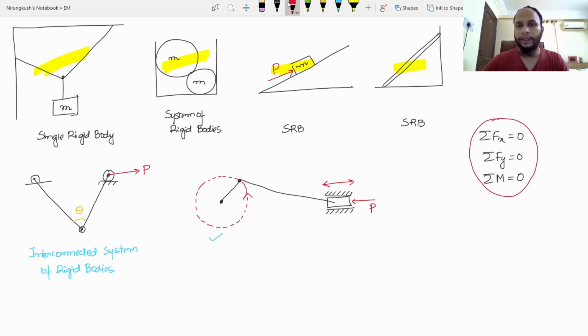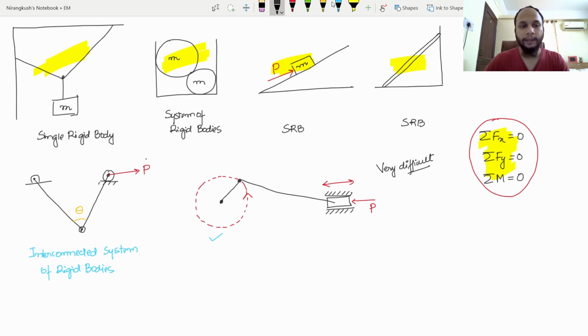And these equations work perfectly for systems like this. But can we use these equilibrium equations for systems like this or like this? The answer is yes, but the solution becomes extremely cumbersome, or it becomes very difficult to solve.